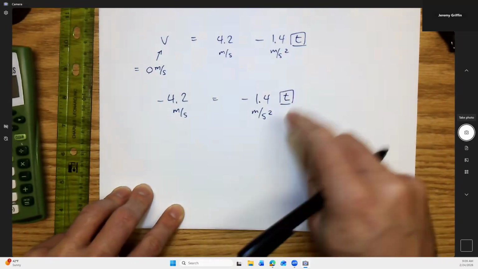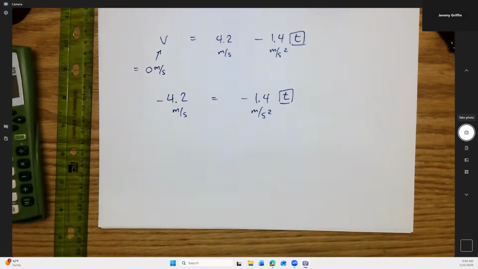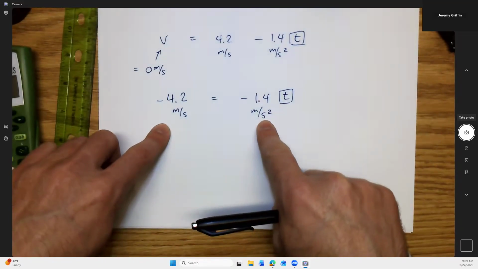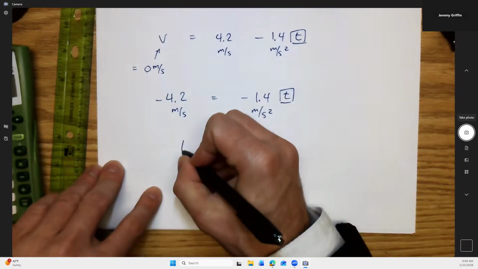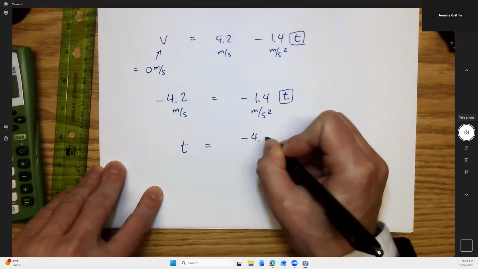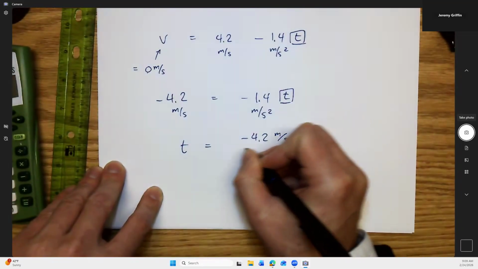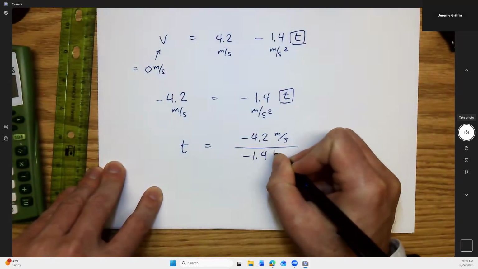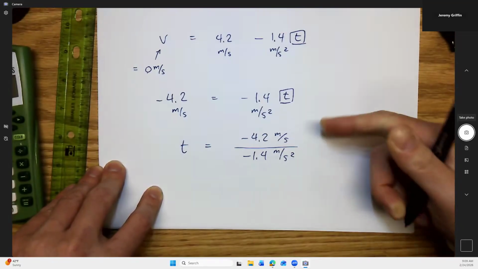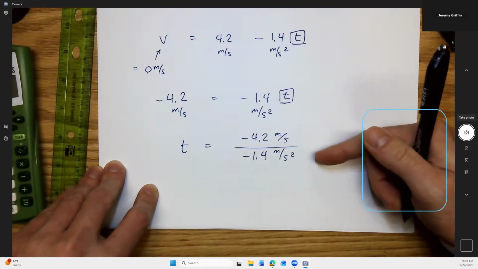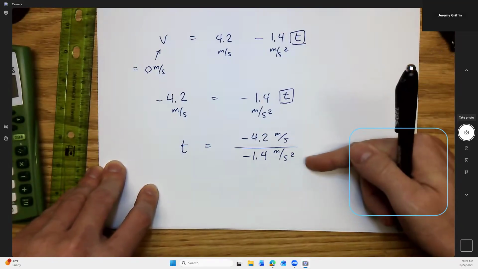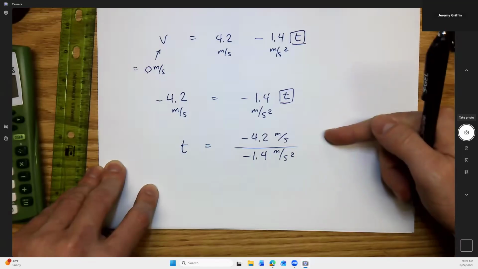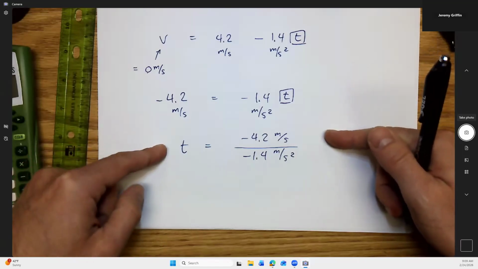Notice how I'm keeping my units attached. I almost always do. Because when you divide this over, you get T equals negative 4.2 meters per second over negative 1.4 meters per second squared. All the units cancel except for what? Yeah, one of the seconds comes back up on top, and that can describe time.